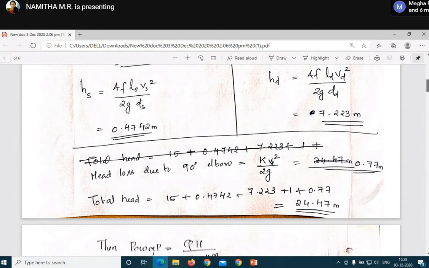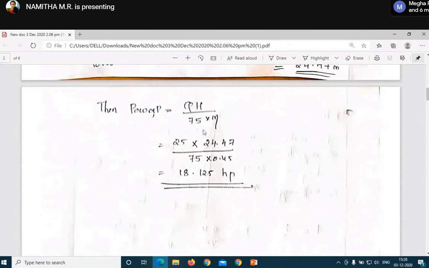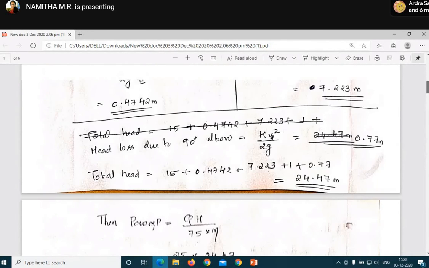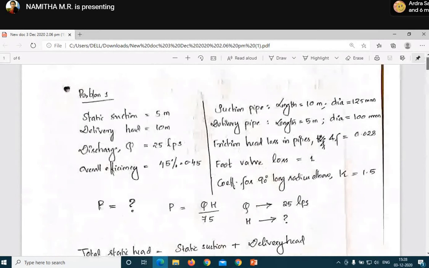Now it is easy for you to calculate the power. Power is equal to QH divided by 75 into efficiency. We are using efficiency here because they have given that overall efficiency is 0.45. Since efficiency is given, you have to calculate the correct power. Otherwise, if efficiency is not given, you can directly calculate QH divided by 75, assuming 100% efficiency.